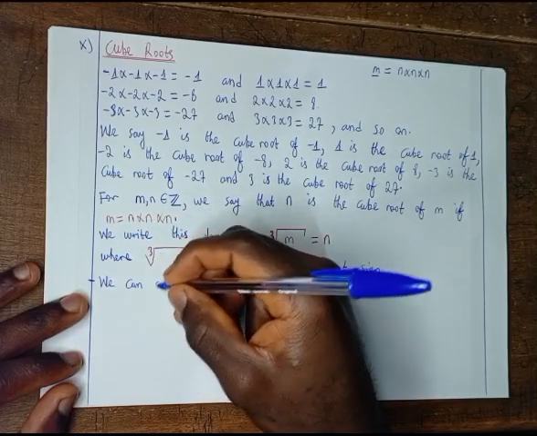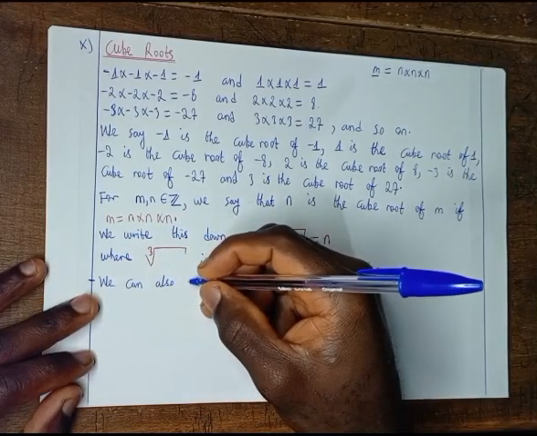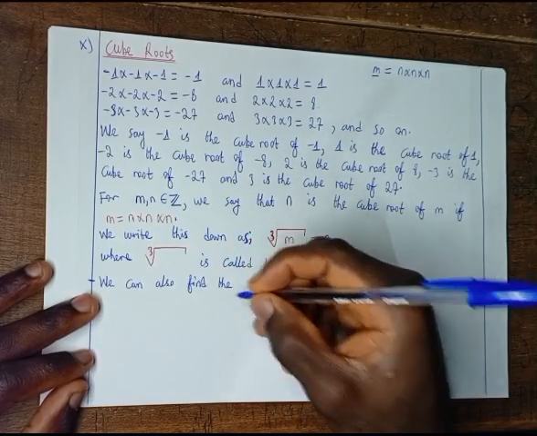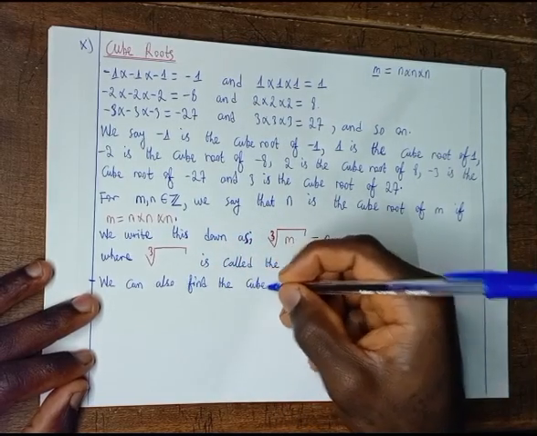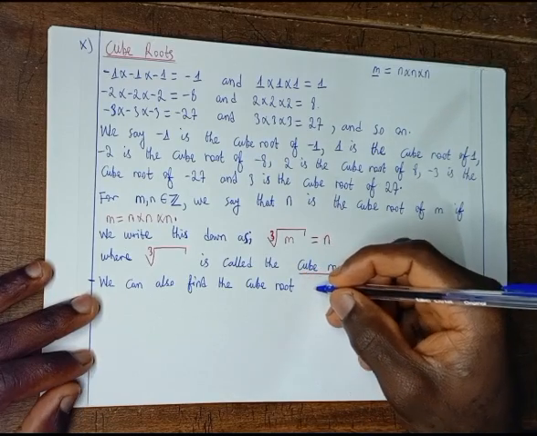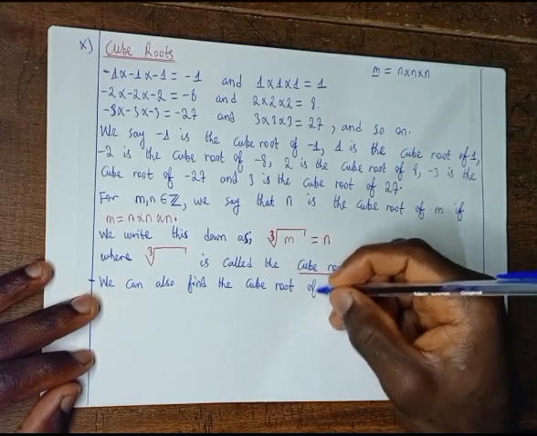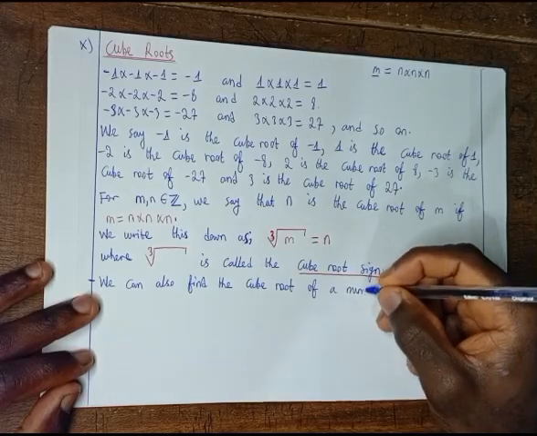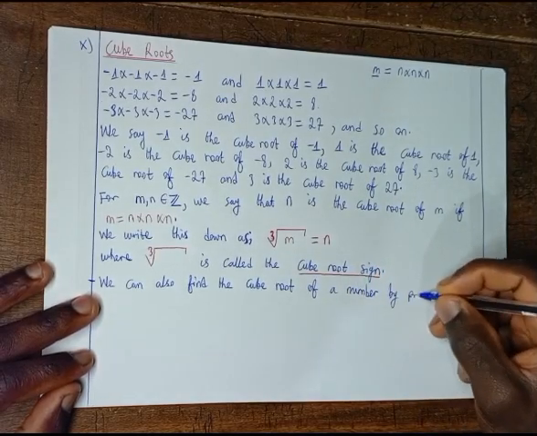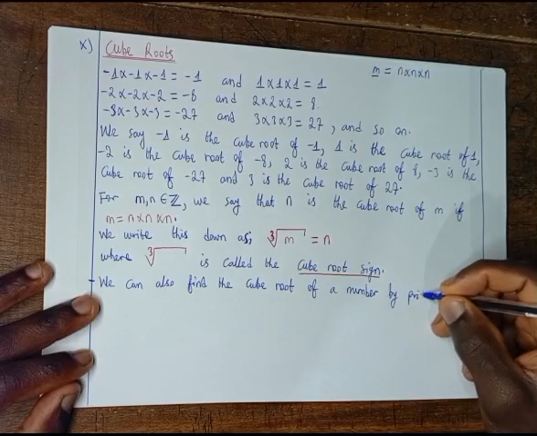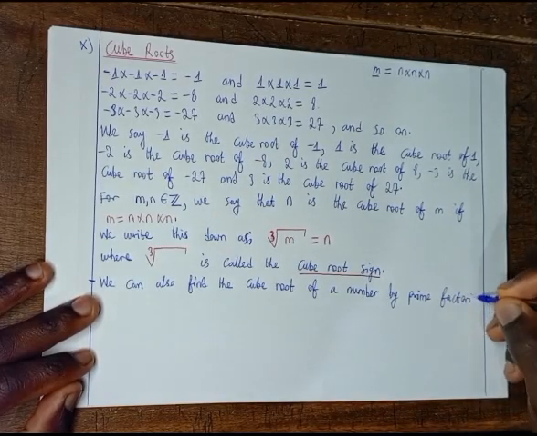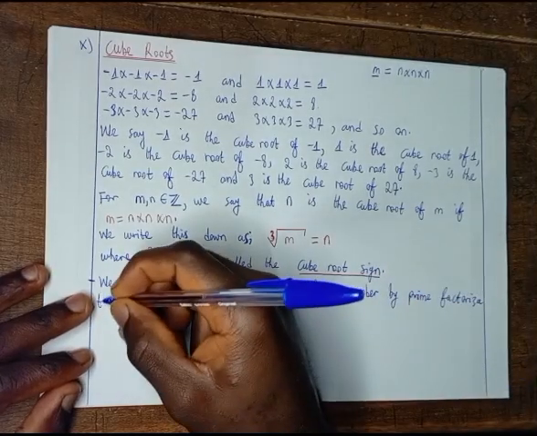We can also find the cube root of a number by prime factorization.